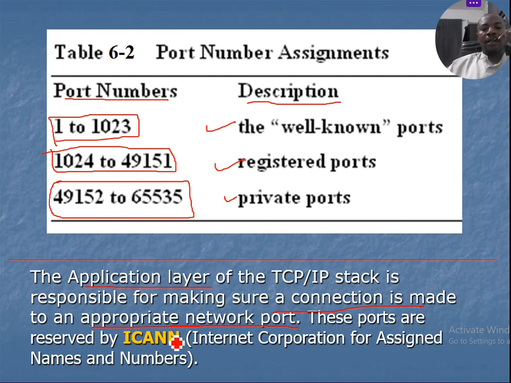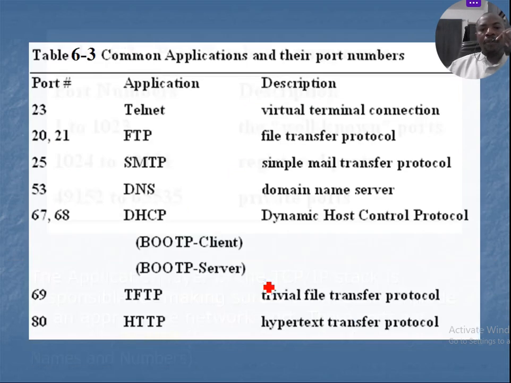These ports are reserved by a body called ICANN, the Internet Corporation for Assigned Names and Numbers. Every computer is assigned a unique port from the router or networking device.